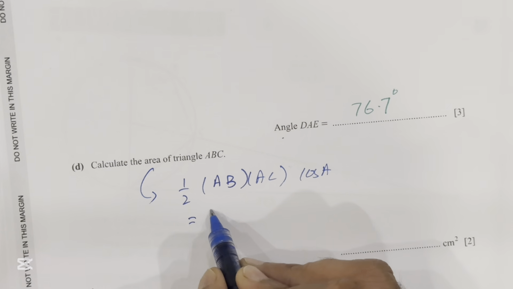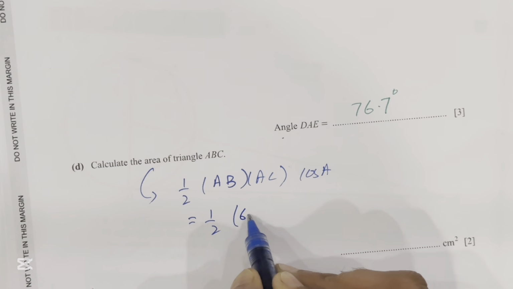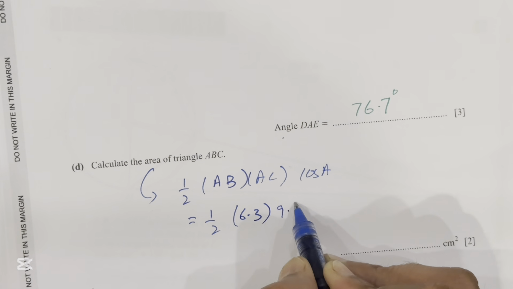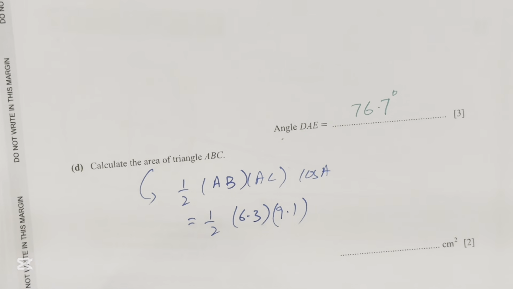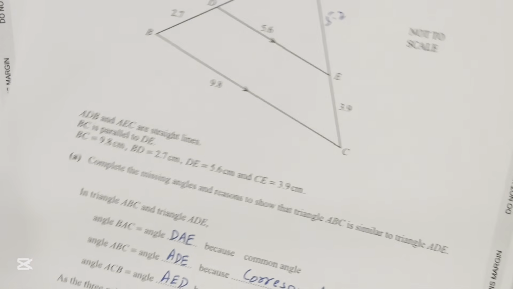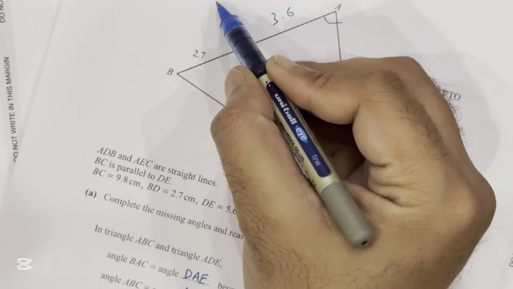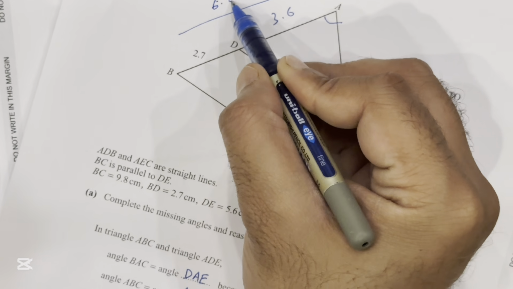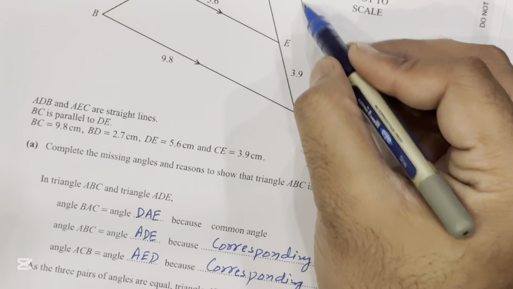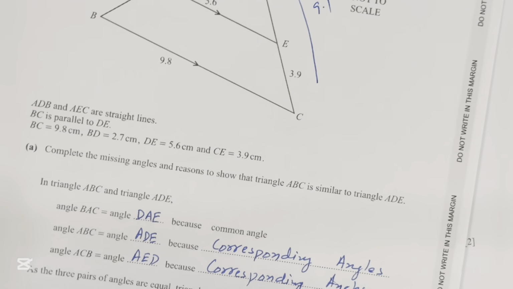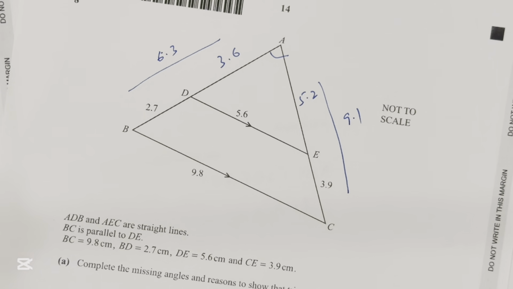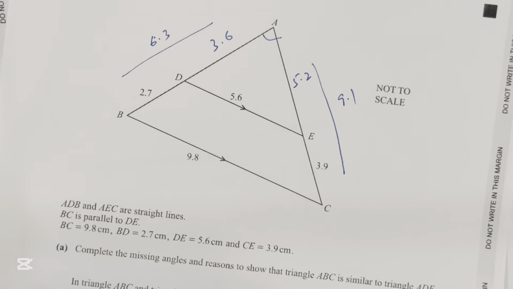area of triangle ABC, 1/2 into 6.3 into 9.1. How can we get 6.3 and 9.1? If we add this value, this would be equal to 6.3, and if we add this value, this would be equal to 9.1. So this is 6.3 and this is how we get the value 9.1.